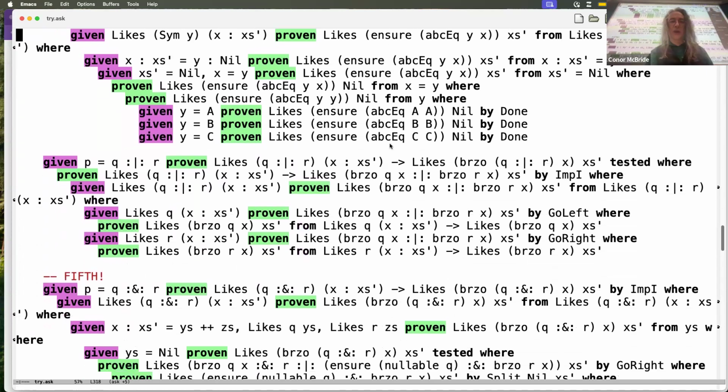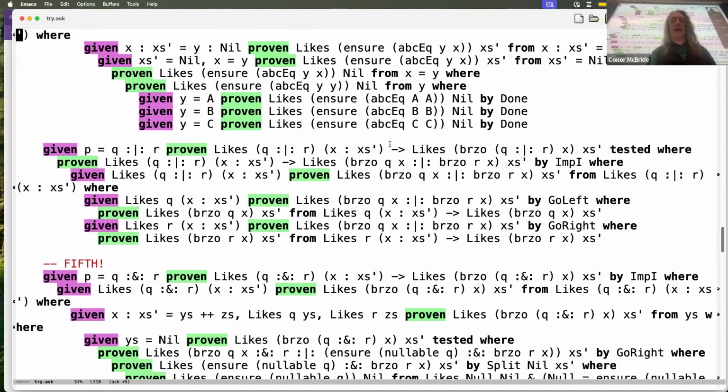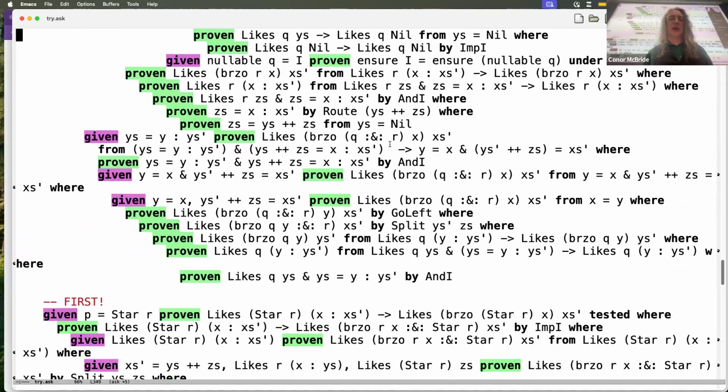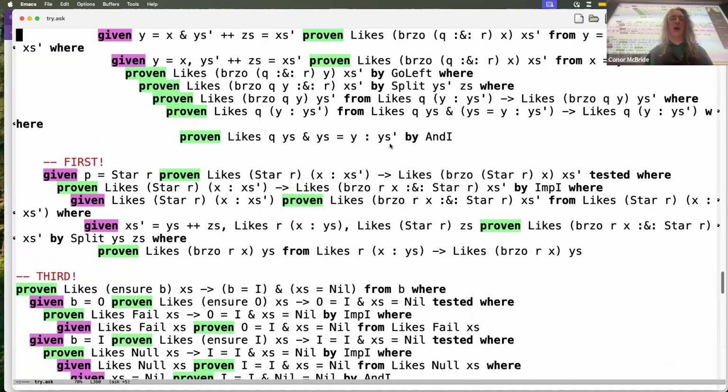So we left on a cliffhanger. We hadn't done then, and we hadn't done star. Okay. So star is nice and easy, right?